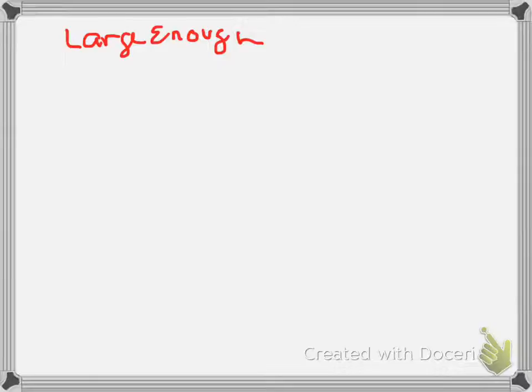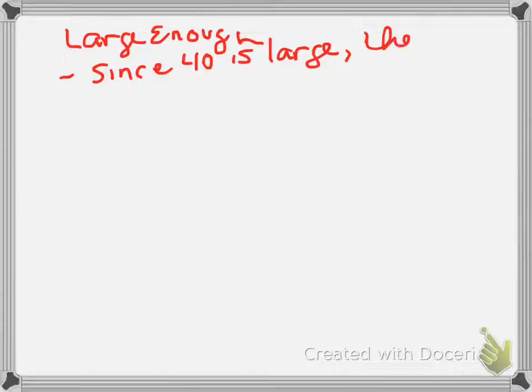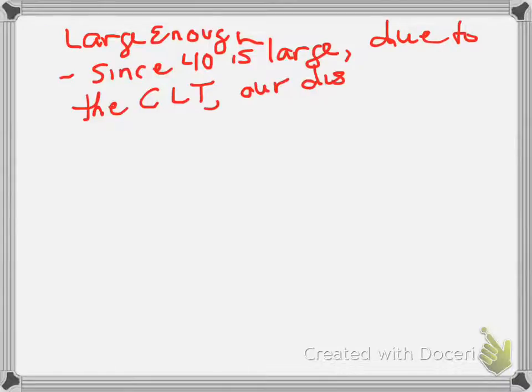Since 40 is a large number, greater than 30, the central limit theorem tells us that we have a normal distribution.